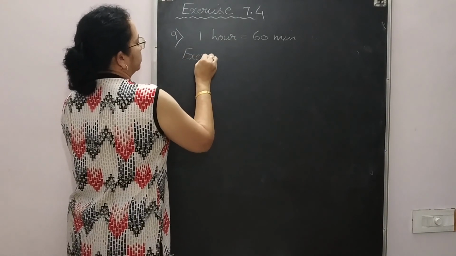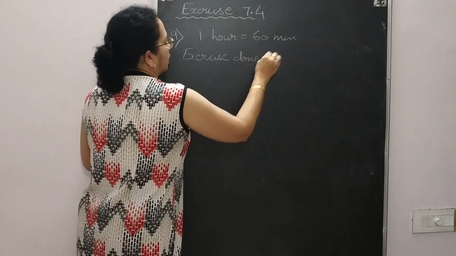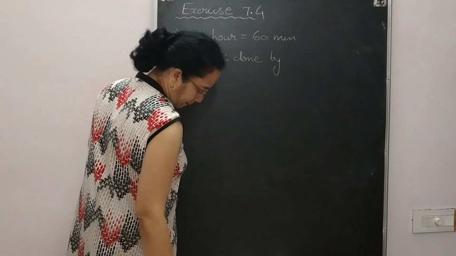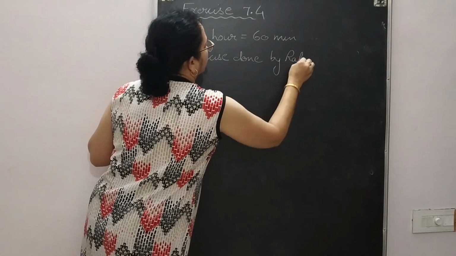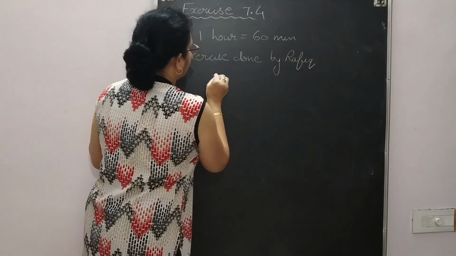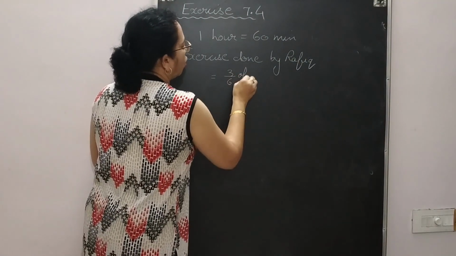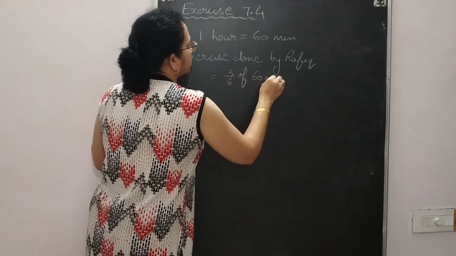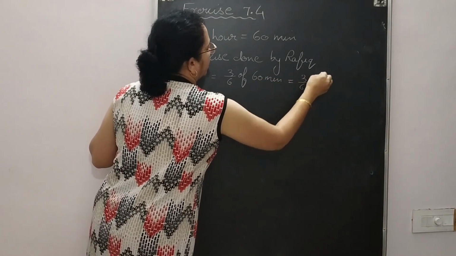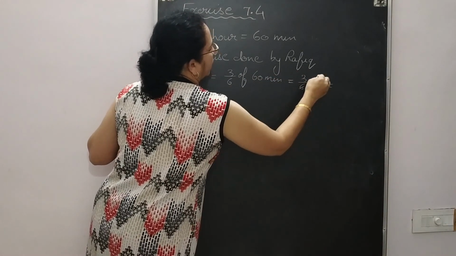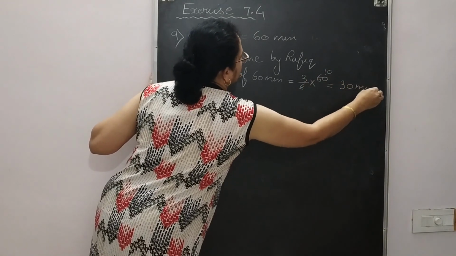Exercise done by Rafiq is equal to 3/6 of 60 minutes. So how can we write down 3 upon 6 into 60? You can cut the number. So this answer is 30 minutes.